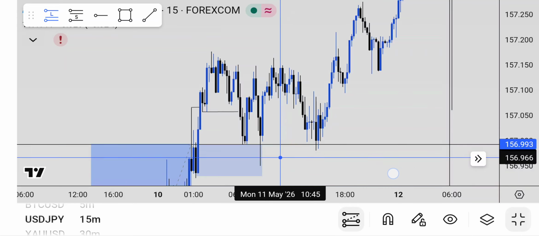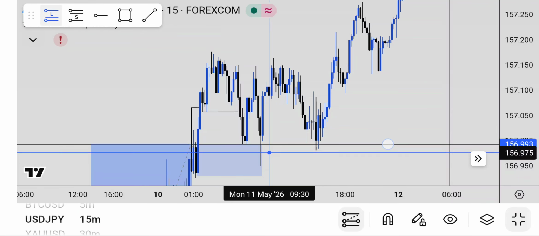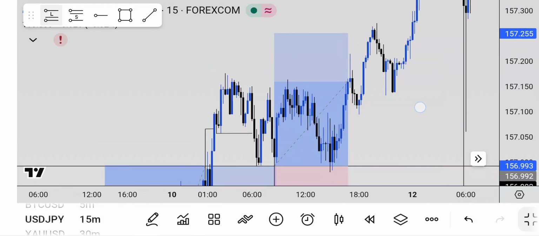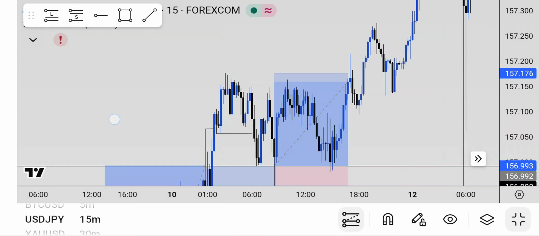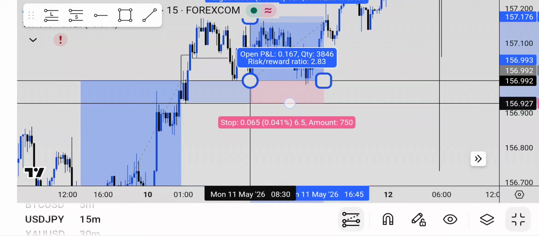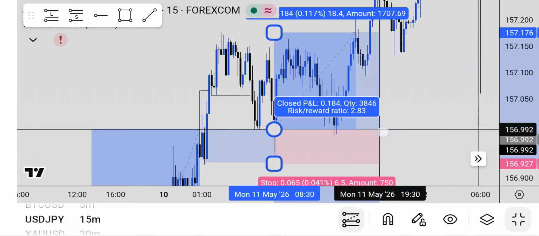But this pullback was there for a reason. Even if I decide to pull my entry at this point and pull my take profit at this range, that is 1:2 risk to reward. I even get 1:2 risk to reward as an SMC trader.